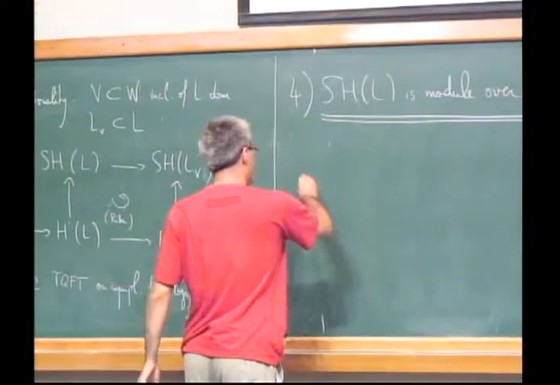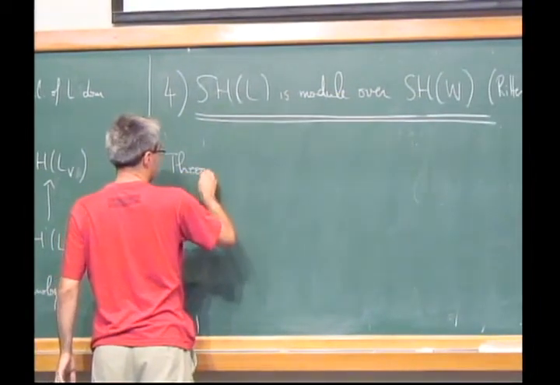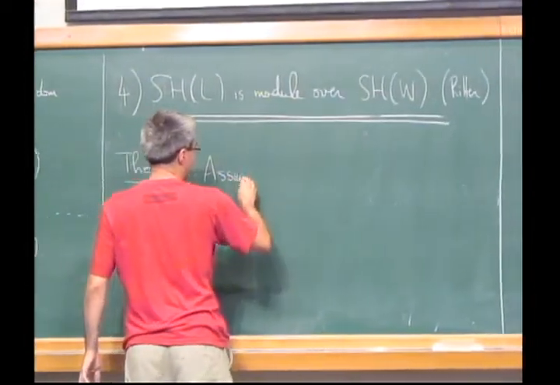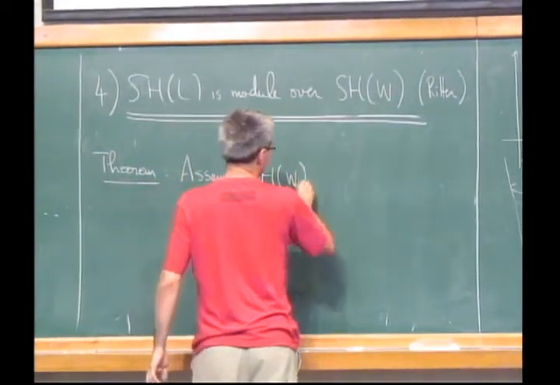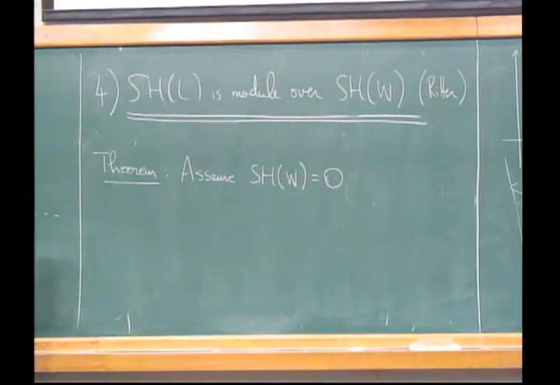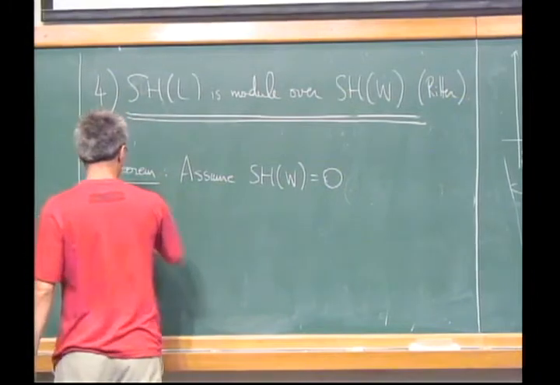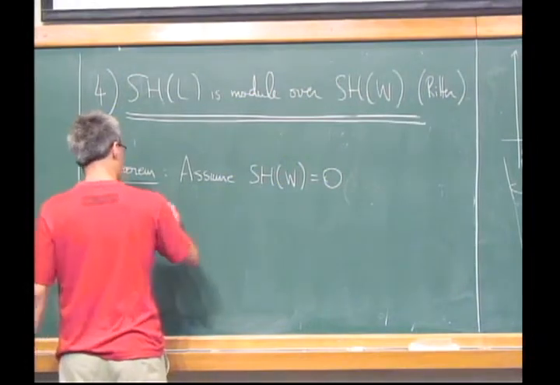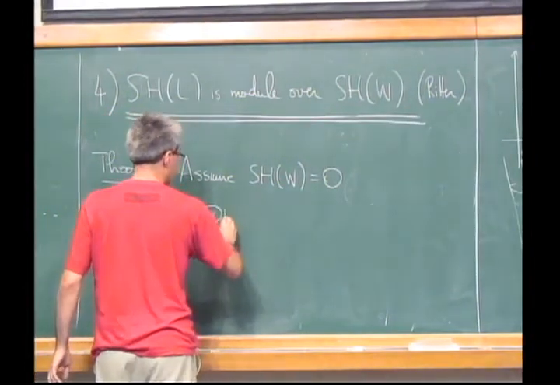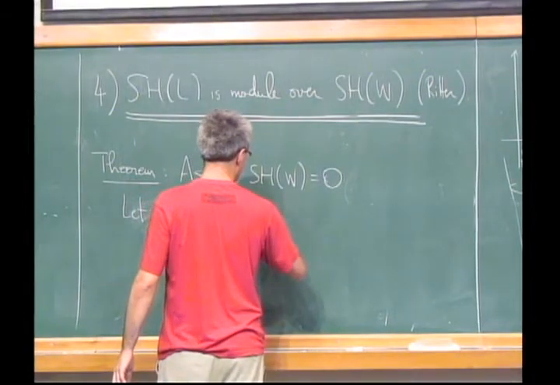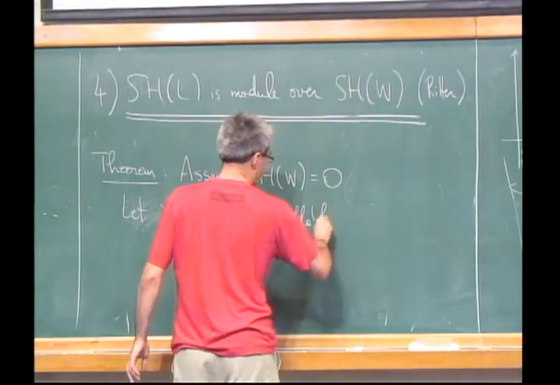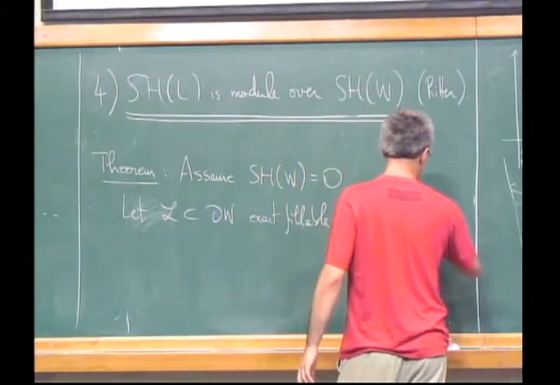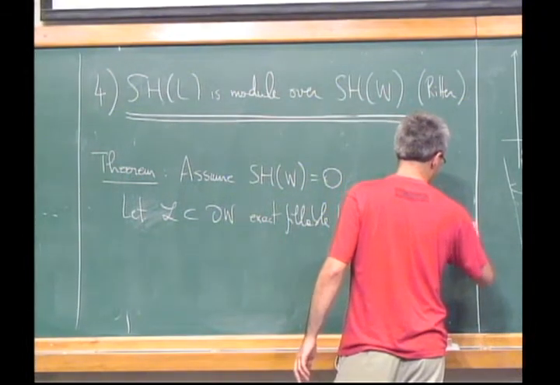So here's the theorem. Assume symplectic homology vanishes. Then let L in the boundary be an exact fillable Lagrangian, and denote by L its filling.